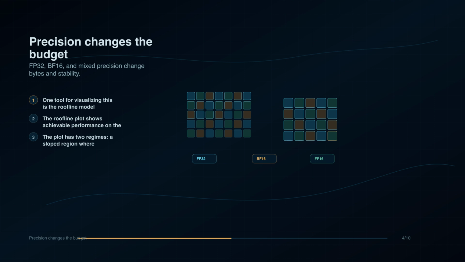Let's make this concrete with transformer inference. When generating text, the model produces one token at a time. For each new token, we must multiply the current hidden state by every weight matrix in the model. Each multiplication is a matrix vector product. A large matrix times a small vector yields a small vector.